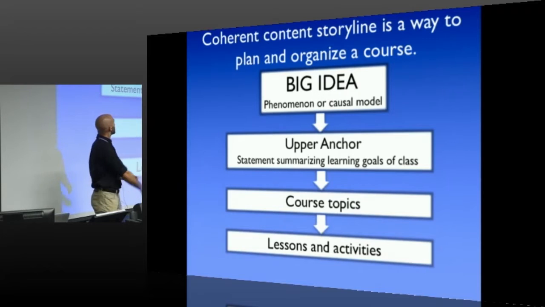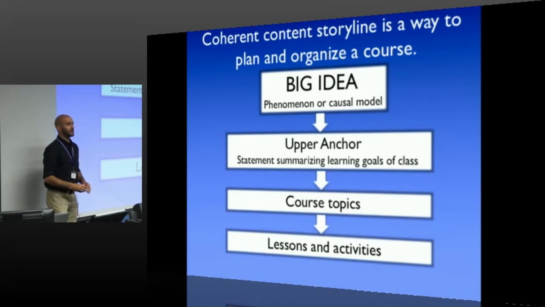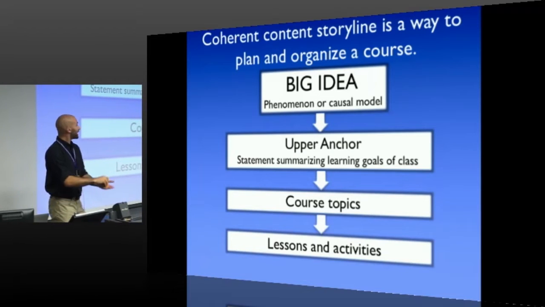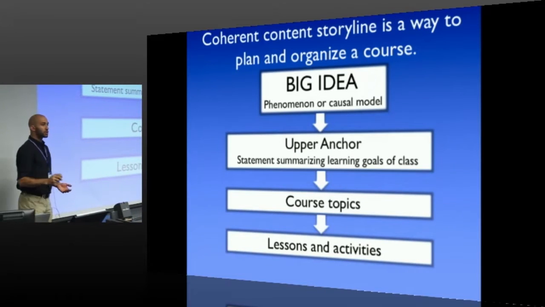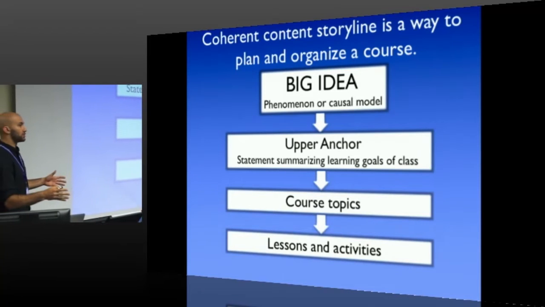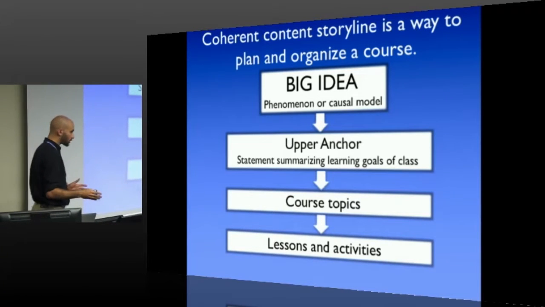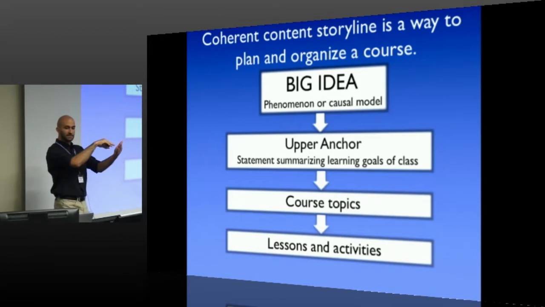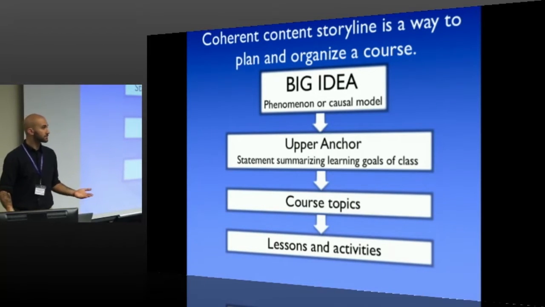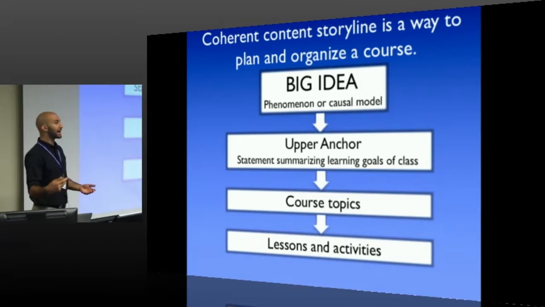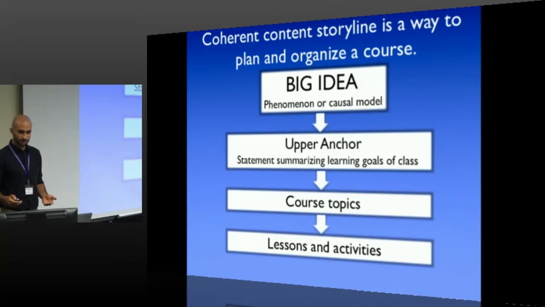And this is, aside from just this big idea like saying exoplanets, you have to specifically lay out what your learning goals are for the class. From this point, once you figure out what your learning goals are, you have to go, okay, so if I want them to understand this, this, this, and this, what do I have to teach them? And those are your course topics. Finally, from the course topics, you can then determine what the lessons and activities for the course are.